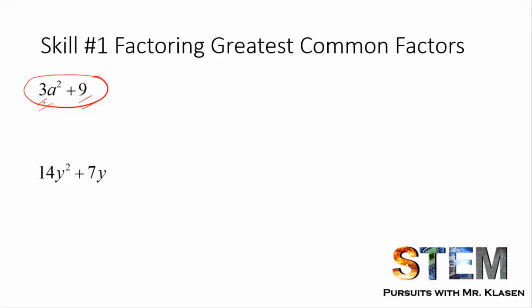If we look at 3a squared, we can split this up into 3 and a squared, and we can split a 9 into two 3's. All I'm doing is using division to separate these values into their prime components. If you have a common factor between two terms, it can be removed and put out front of a parenthetical expression. So in this case, we could pull out the 3 and then in parentheses go a squared plus 3.